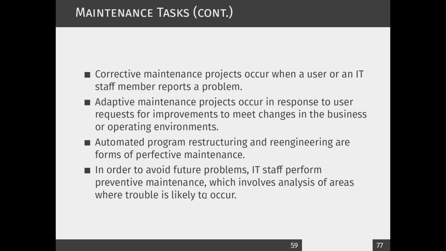Automated program restructuring and re-engineering are forms of perfective maintenance. Sometimes you have to use those techniques. Last one, if you want to avoid any future problems, IT staff need to perform what we call preventive maintenance, right? So you don't wait until something happens. Even before that, you can start.